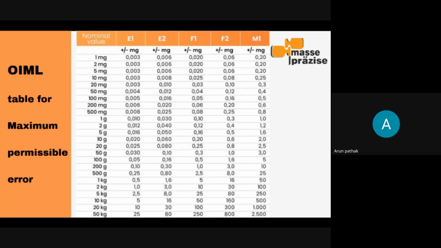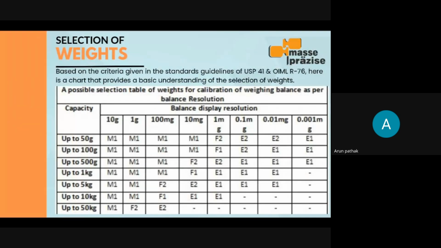Next one is how to select the weight for a weighing balance. We have derived this table from the OIML R76, showing which class of weight should be used on what accuracy of balance. If we see, first one is up to 50 grams. Suppose there is a balance of maximum capacity 50 gram, and then there are different display resolution options.